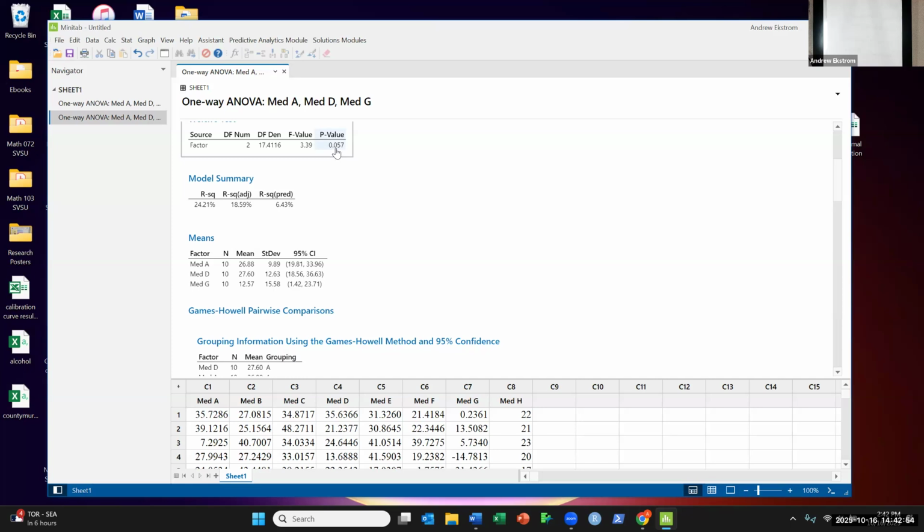If you look up here, the p-value is really close to being below our 0.05. It's not there yet, but it is close. But this is actually telling us here, when we do this analysis, where we don't assume equal variances, there does not seem to be a statistically significant difference between these three medications.